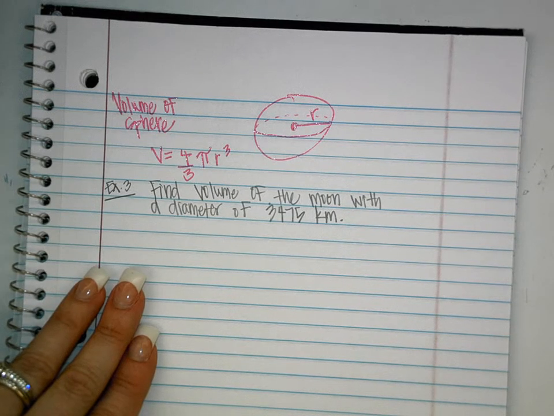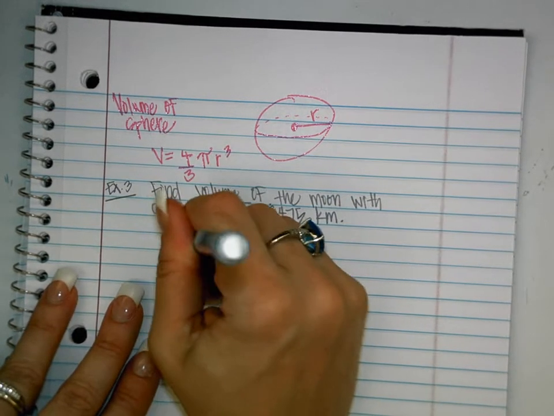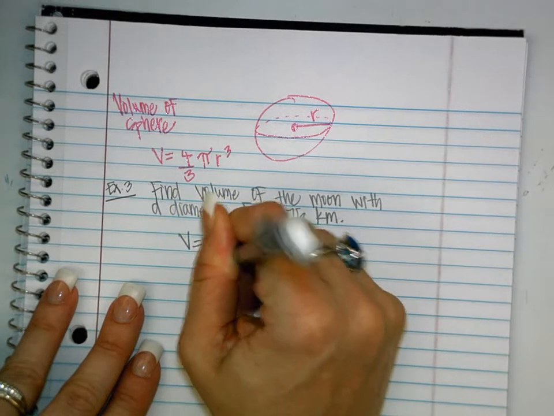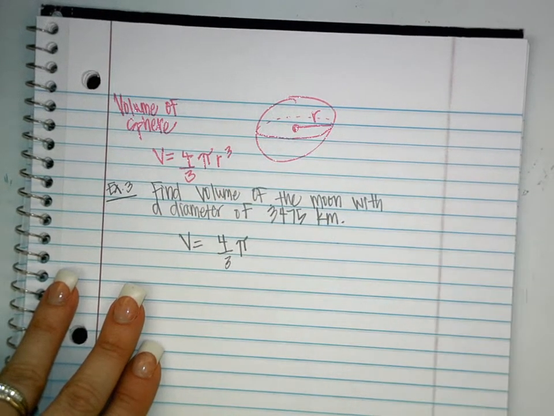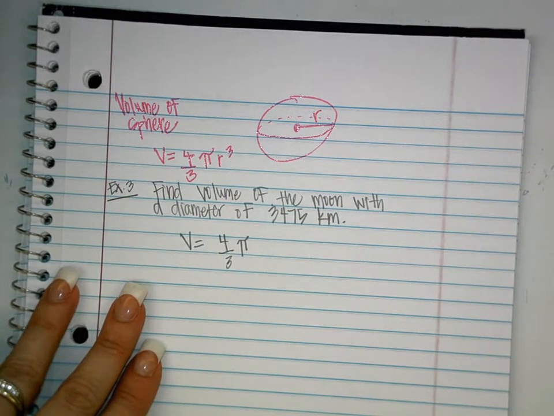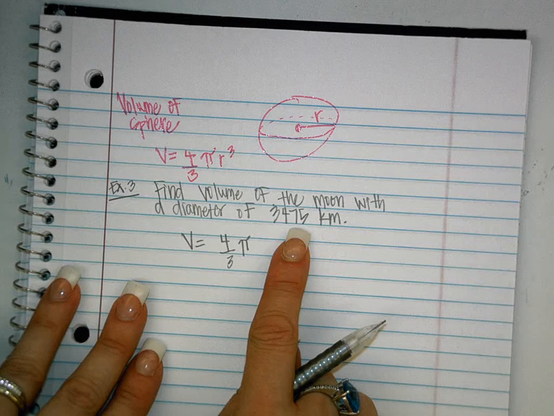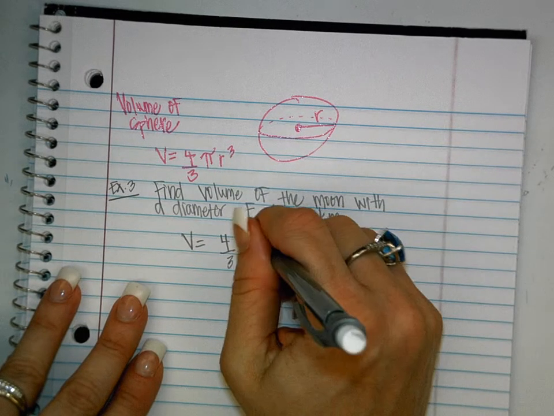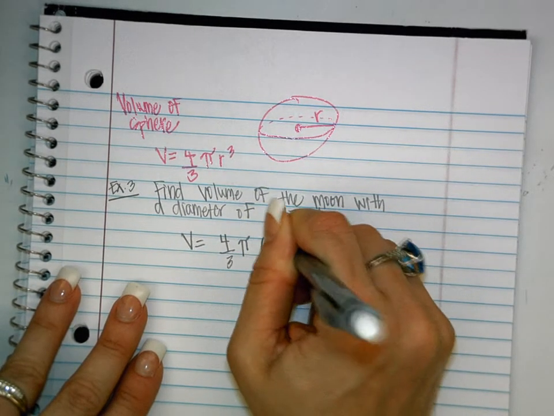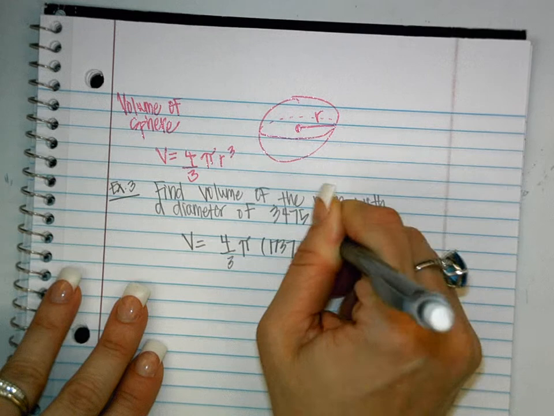We just got to plug in. So volume equals 4/3 times pi times what's my radius here? We have to divide this in half, right? So if you divide that in half, it's 1737.5, and that's going to be cubed.